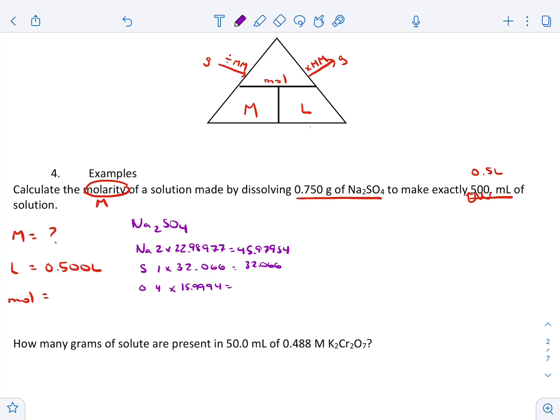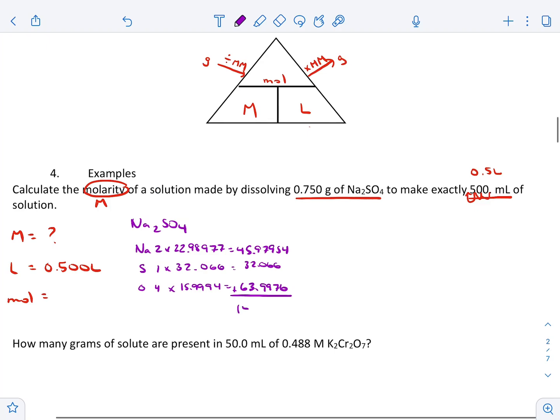Then we're going to add 32 to that, but let's take our 4 times 15.9994 first, and we get 63.9976. We're going to add those up, and we're going to round to 2 decimals, so we're going to say 142.04, and that's grams per mole.